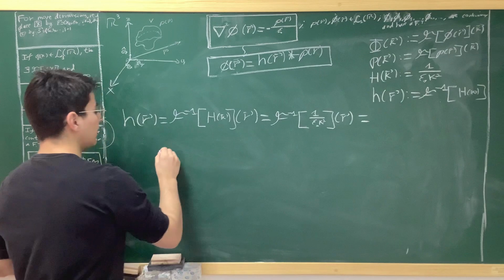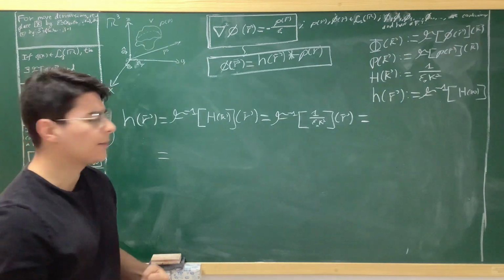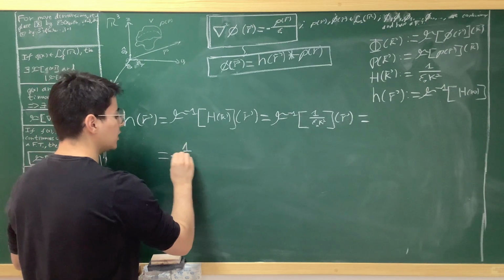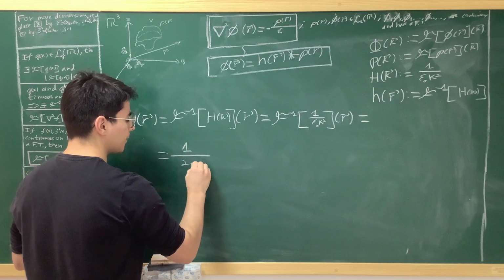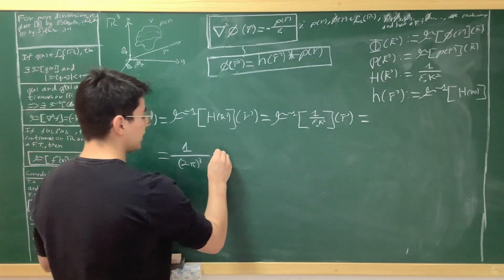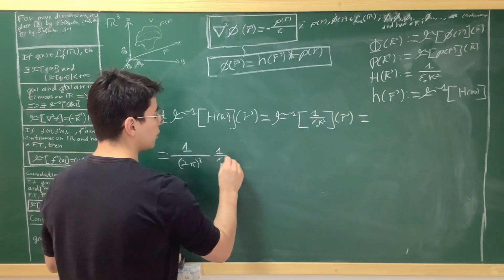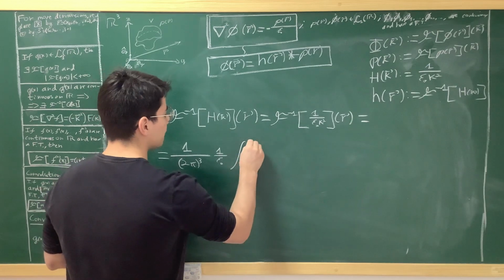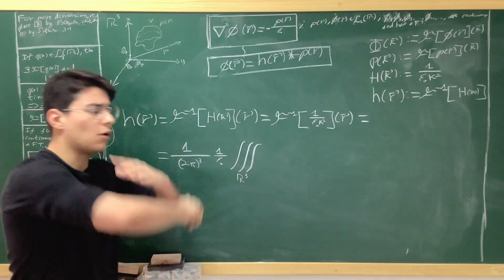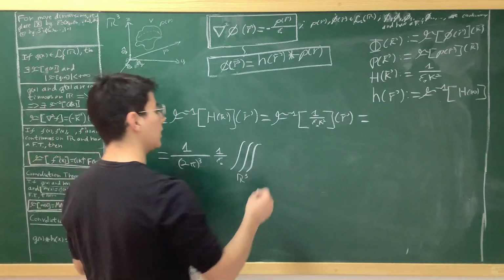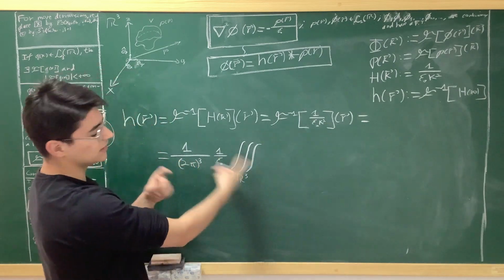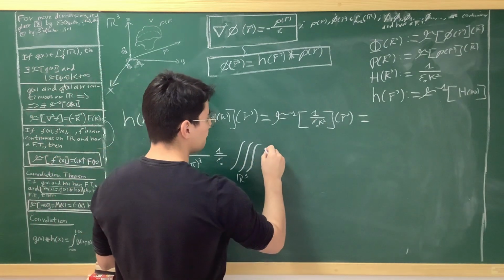And this, by the definition of the Fourier transform that we want to be using, is just this following integral: 1 over 2 pi cubed, because we're in 3 dimensions, times 1 over epsilon naught, and the integral over R3, which is all the 3D space, of my function. This is just 1 over k squared because we have taken out the vacuum permittivity.